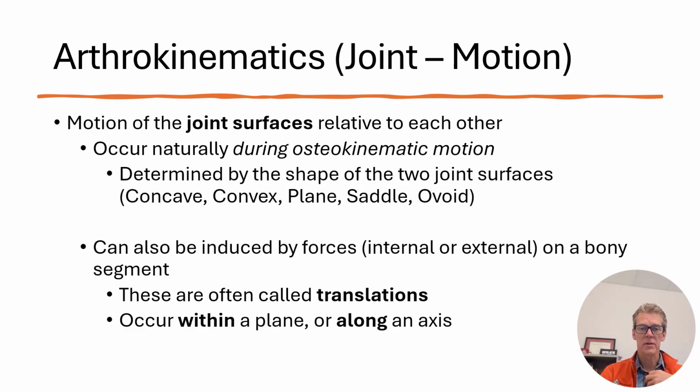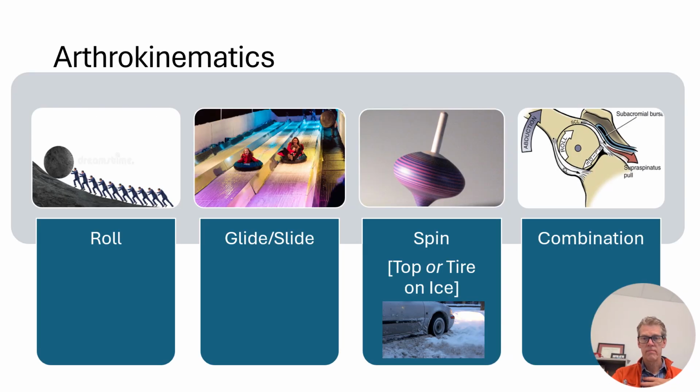And we'll talk about those translations happening either within a plane or along an axis. Those are two different ways to describe these translations. So these are arthrokinematics. Let's get into the types of arthrokinematics that we'll see and need to know.